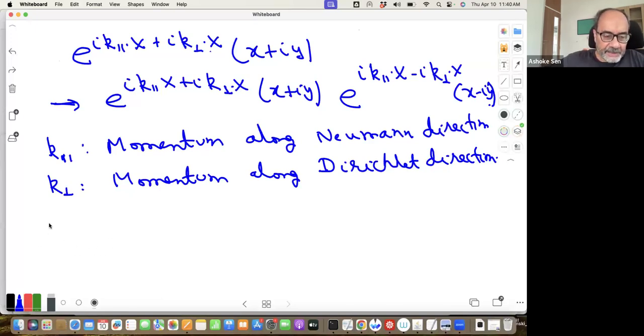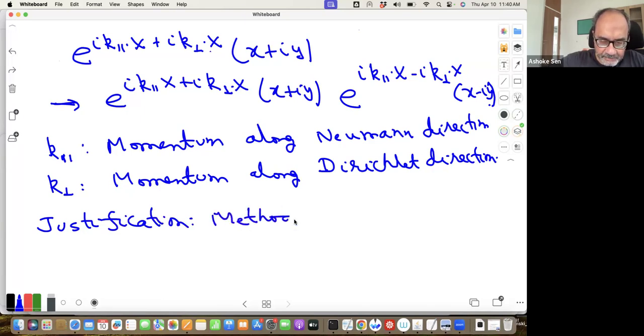Okay. And the justification of these rules is essentially the method of images. Okay. So for free fields, right, all the correlation functions are obtained by Green's functions, right?